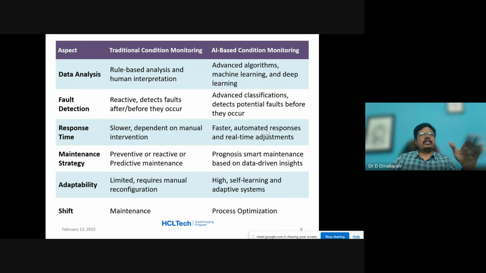How a 12-year-old boy runs, a 60-year-old man cannot run like that, right? So the model differs with respect to the age of the machine. Similarly, as aging shifts the machine performance, the AI can learn the behavior and tune the outputs, because in a new machine, if there is a fault, easily it could identify.